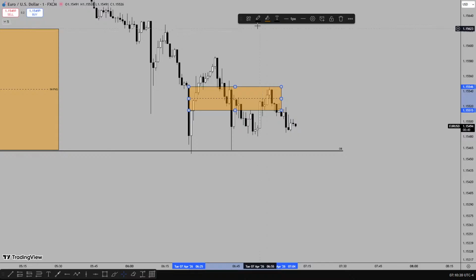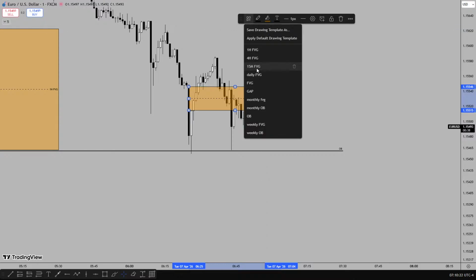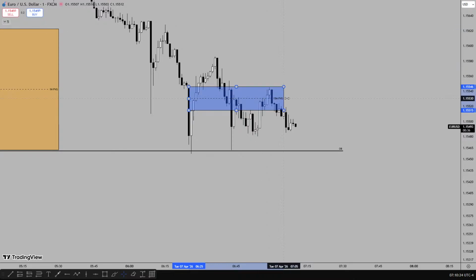Here's an inversion fair value gap. Let's just call it the 15-minute fair value gap. Price did not respect the 15-minute inversion fair value gap as a catalyst in anticipating higher prices.